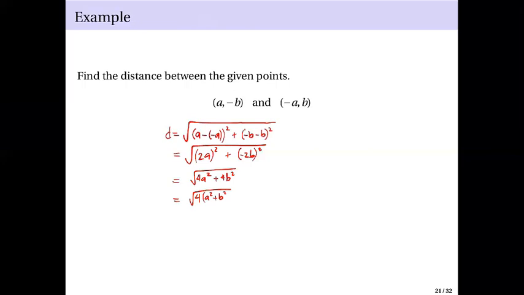And then you have square root of 4. That's just 2. So this is just 2 square root of a squared plus b squared. So this is the distance between those 2 points.